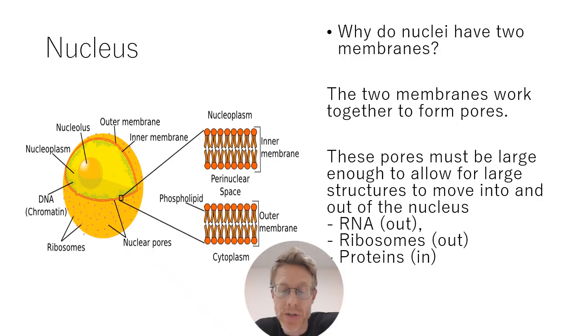So the nucleus needs to send messenger RNA out, send ribosomes, which are assembled within the nucleus, out, and bring proteins in that are necessary for transcription and post-transcriptional modification in the nucleus. So big things need to go in and out. So therefore, large openings or pores are required, and those are only possible with a double membrane structure.